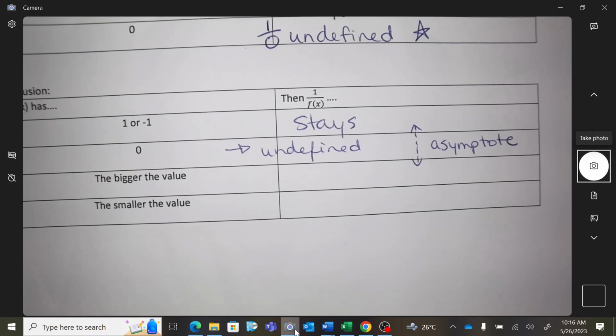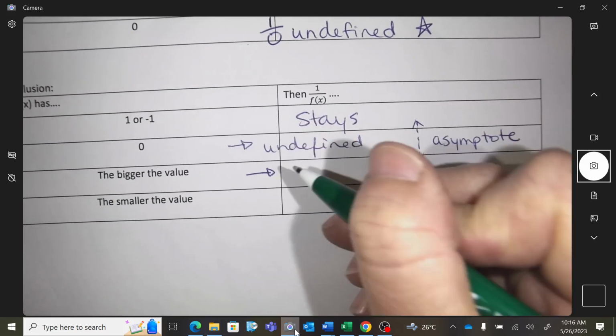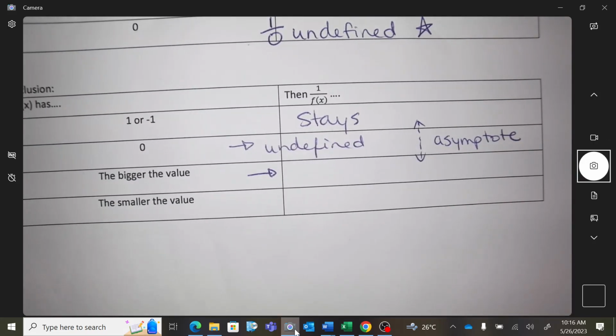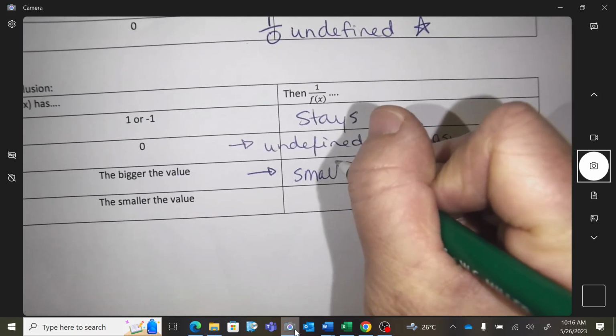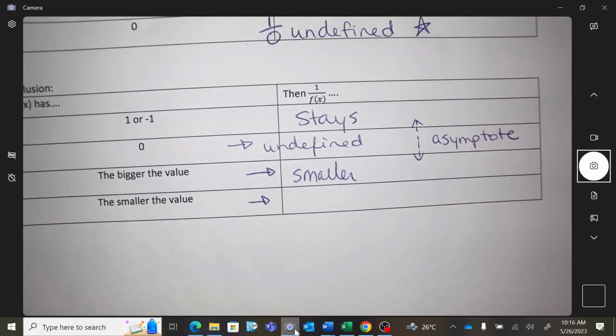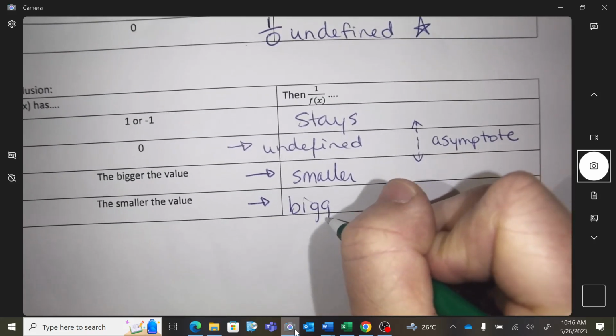Okay, so the next one says, what happens if the number is big? So 100 is a big number. What happens to the reciprocal? It gets smaller. And what if you reciprocate a small number? What would happen to it? It would get bigger.